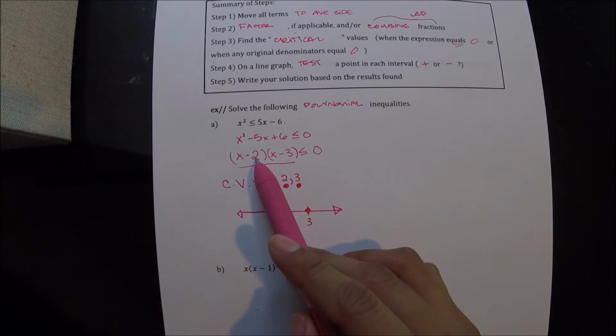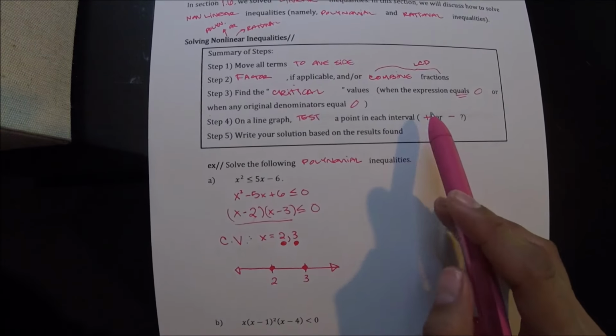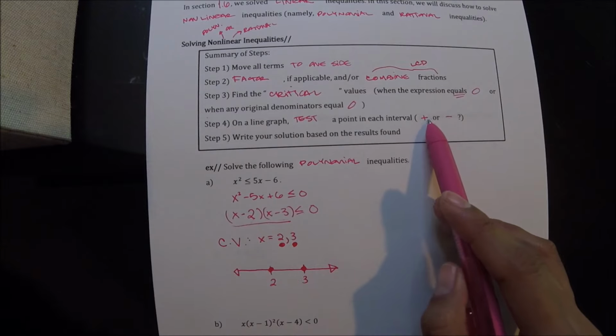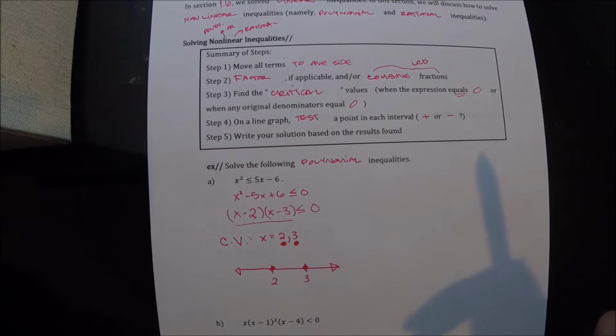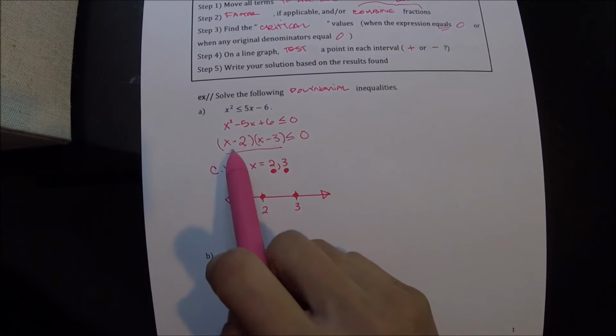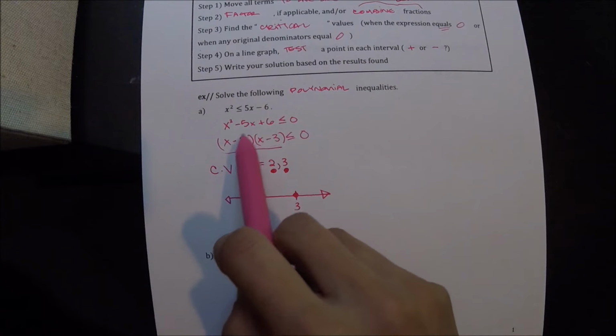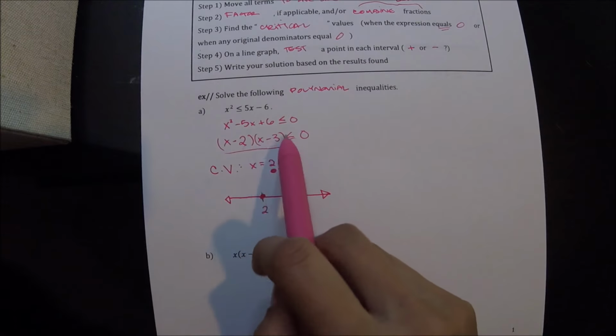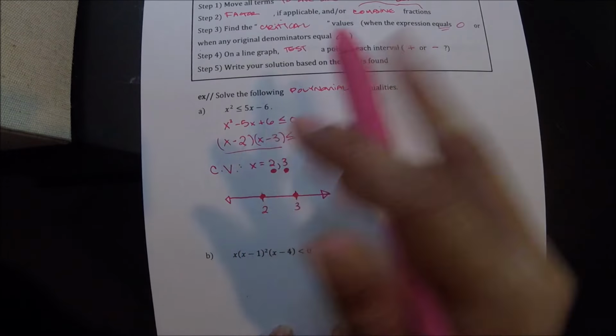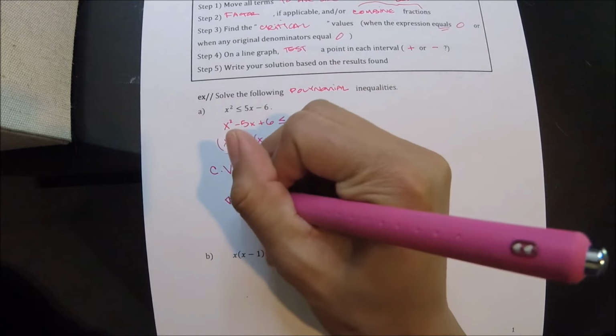We're only caring about whether it's going to come out positive or negative, so you don't even need to find the actual value. If I plug in 0 here, I'm going to get a negative number. If I plug in 0 here, I'm going to get another negative number. So negative times negative is positive.